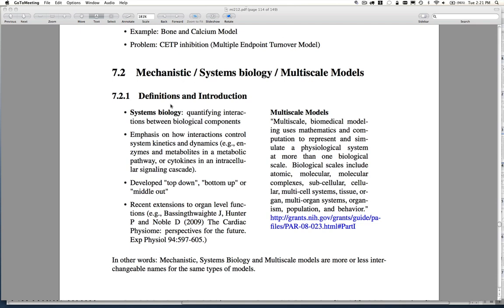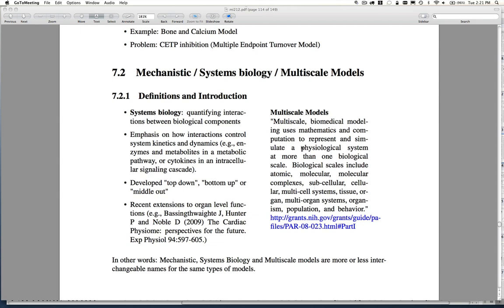So mechanistic and systems biology, again, are really evolving into one and the same. Another thing that you'll hear talked about is multiscale models. Multiscale models are again the same thing. What that means is that you're developing a model that represents different levels of physiology. They may go all the way down to atomic scales, not typically, but you could envision that. Cellular, subcellular, all the way up into population models and really outcomes type models.